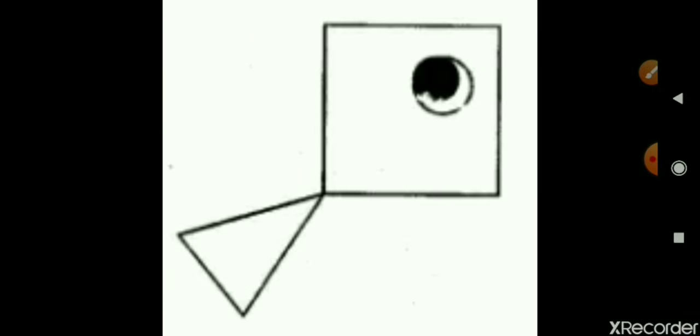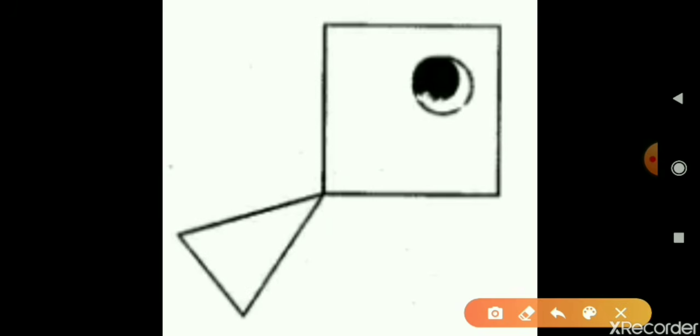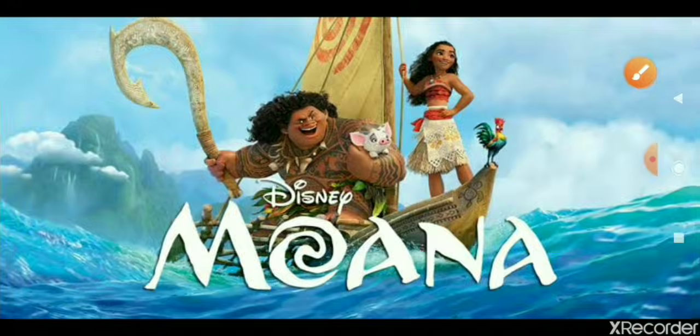And here is the picture. We have to draw a fish using two shapes, a triangle and a square. Here you can see we have a triangle and this one is a square. In this way you can make it. Try it at your home.